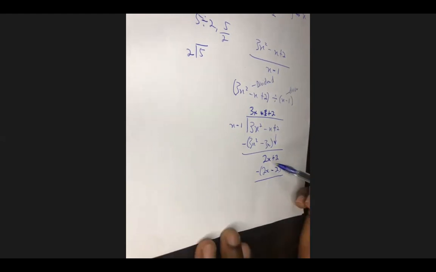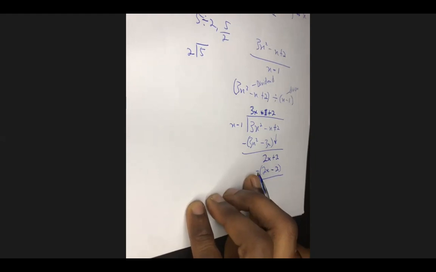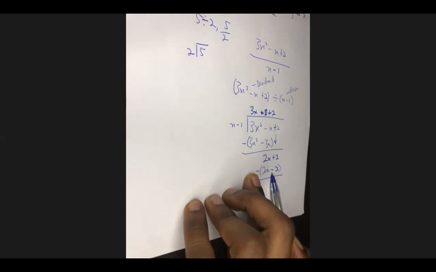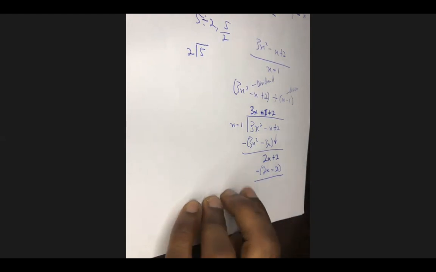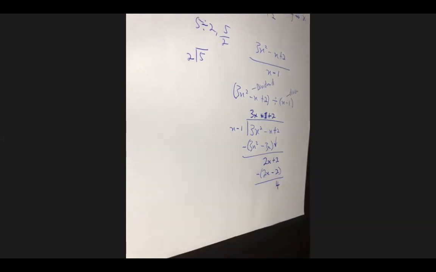So here, they all go away. Now negative is outside, negative is inside. So negative 1 times negative 2, what do I have? Positive 2. Positive 2 plus 2, I am going to have 4.